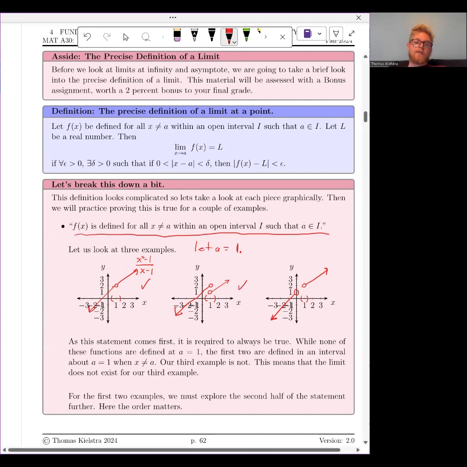We satisfy the definition. We do not satisfy the definition. So here, our second example, we could simply state the limit does not exist. So looking at these examples, our first two satisfy the beginning of the statement. Okay. So let this be true. Well, it's true for the first two, but it's not true for the third. And the order in which we express this statement matters.